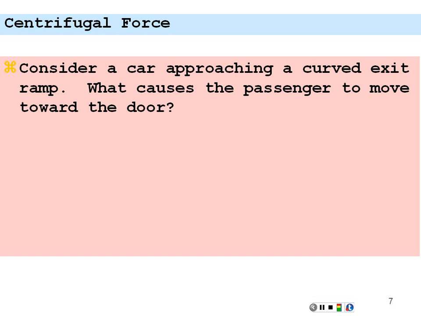But they would also observe that your passenger was going in straight line motion because there is no net force on her. She is continuing along in a straight line, and so as the car is going around the circle, she continues in the straight line, and hence she hits the outside door of the car.